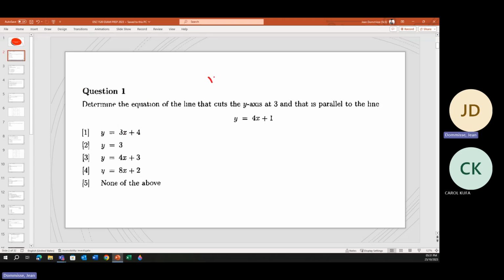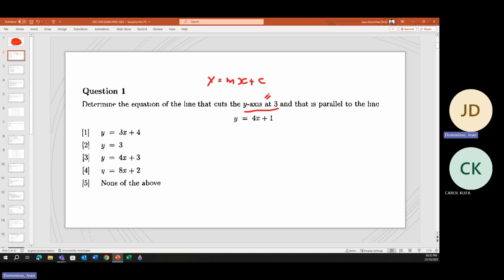So normally we will write the equation as y is equal to mx plus c. So let's see what information they give us around this. They tell us: determine the equation of a line that cuts the x-axis at 3.